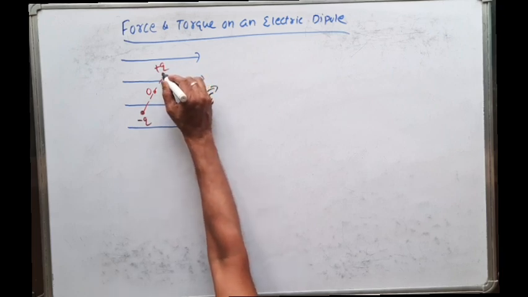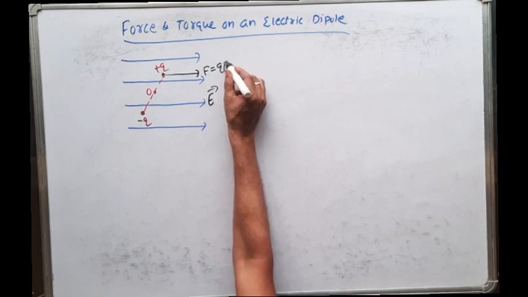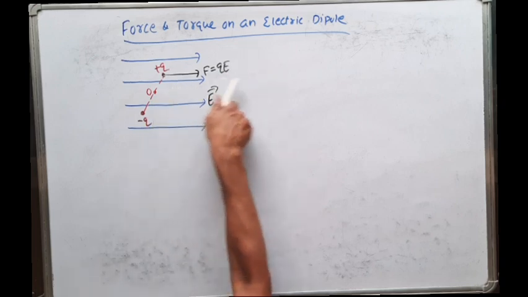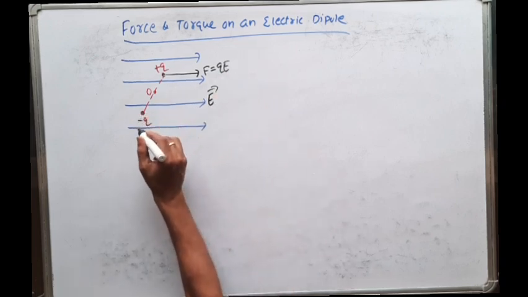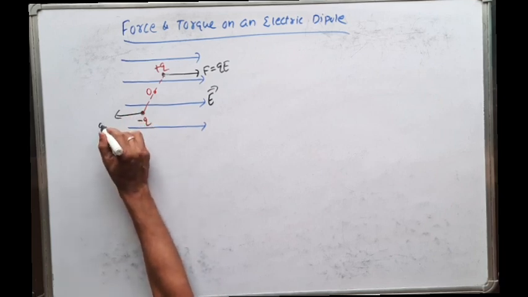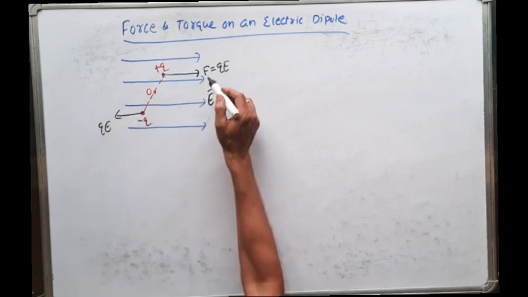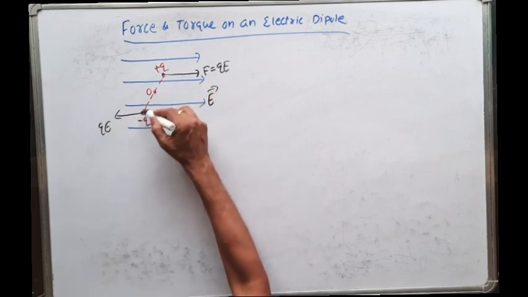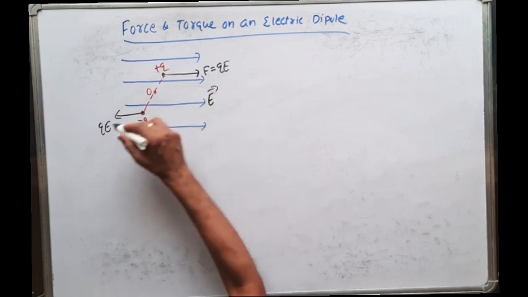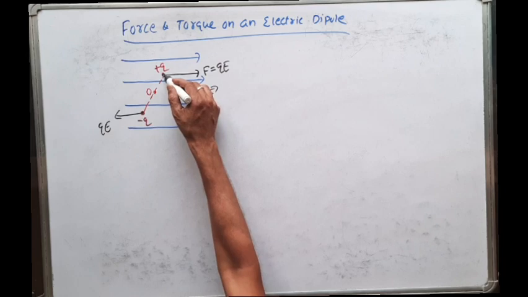This plus q will experience a force of magnitude qE along the direction of the electric field. And this minus q charge will experience a force of the same magnitude, qE, but opposite to E.